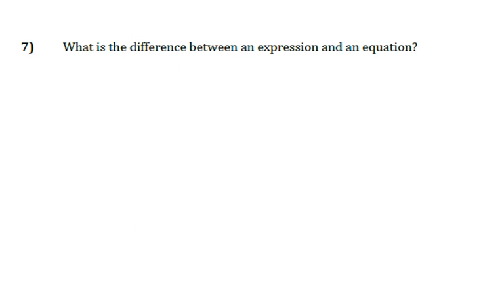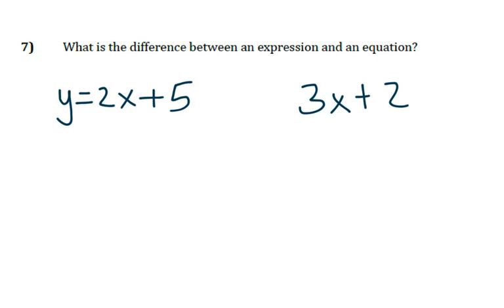Let's go on and look at number 7. What is the difference between an expression and an equation? We've written these expressions, and now we think about an equation. Here's an equation, y equals 2x plus 5. An expression could be 3x plus 2. The difference is the equal sign.